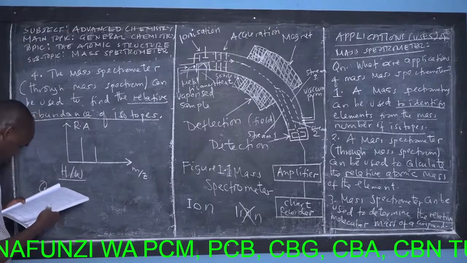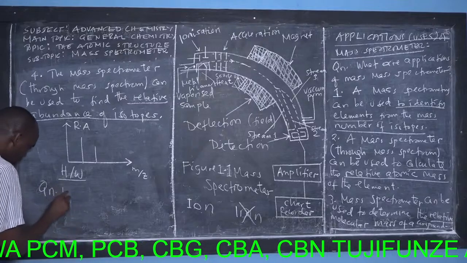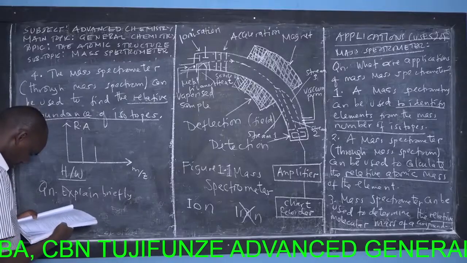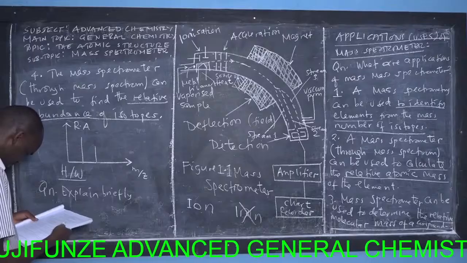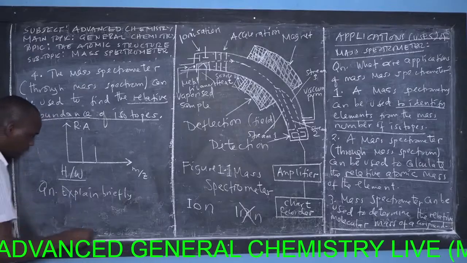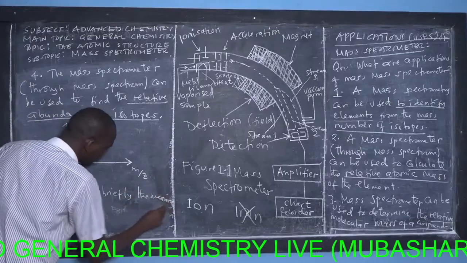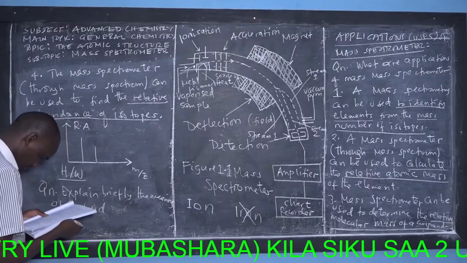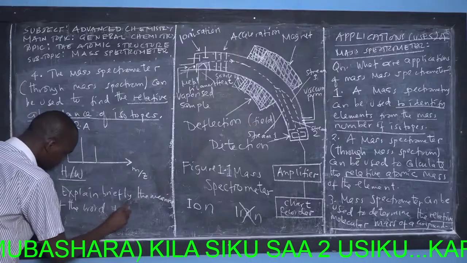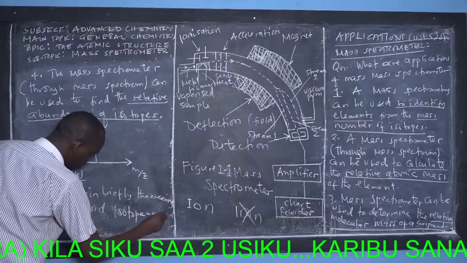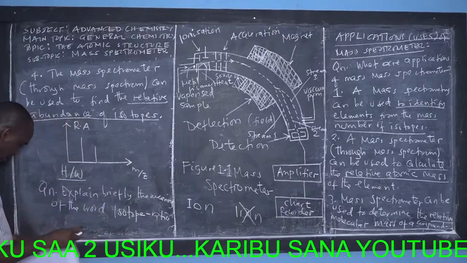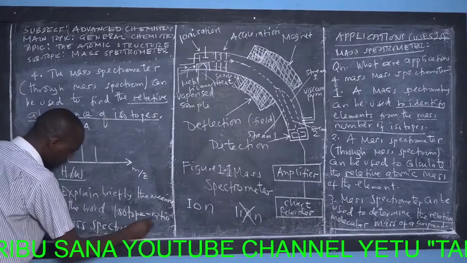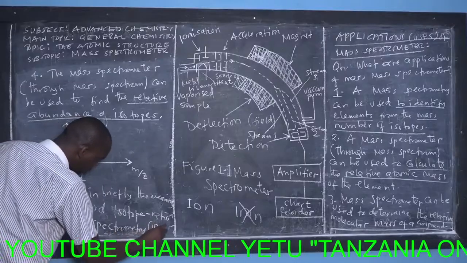The question is: explain briefly the meaning of the term isotope ratio mass spectrometry, in abbreviation called IRMS.